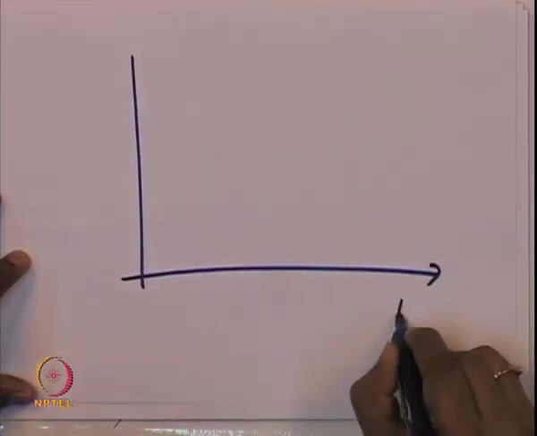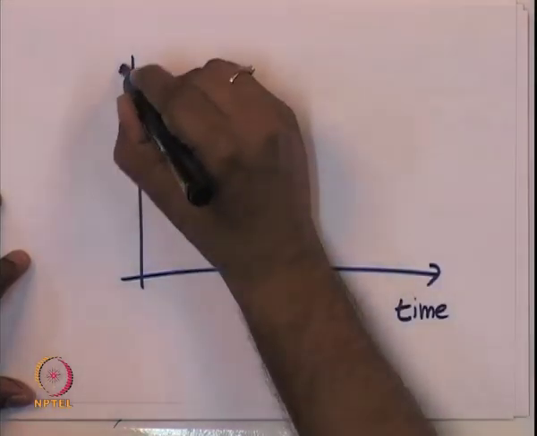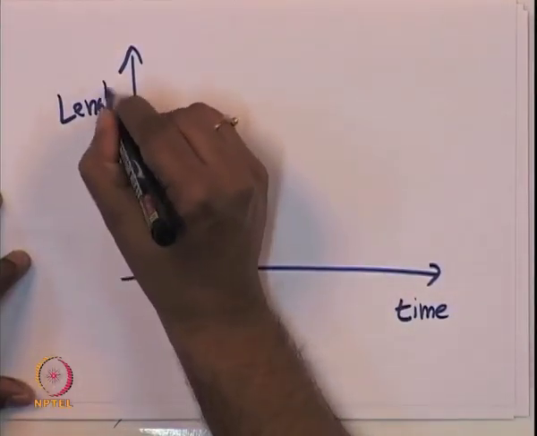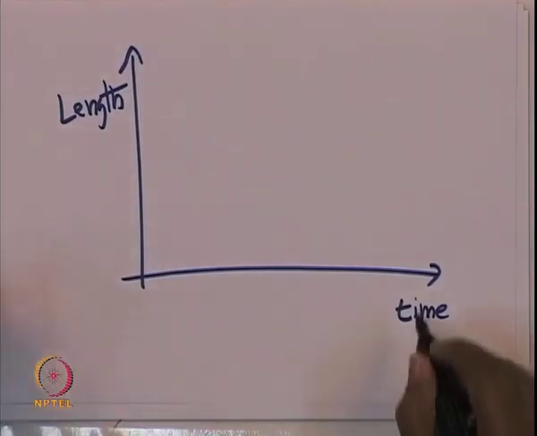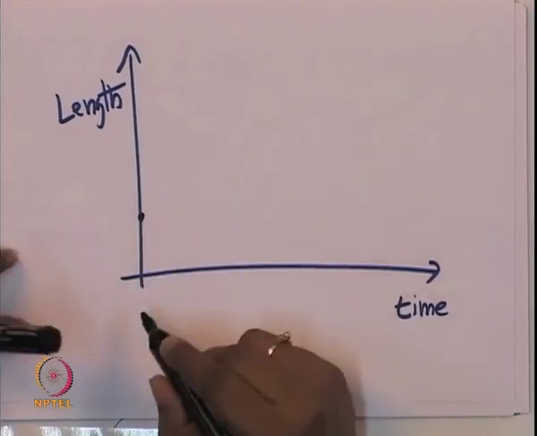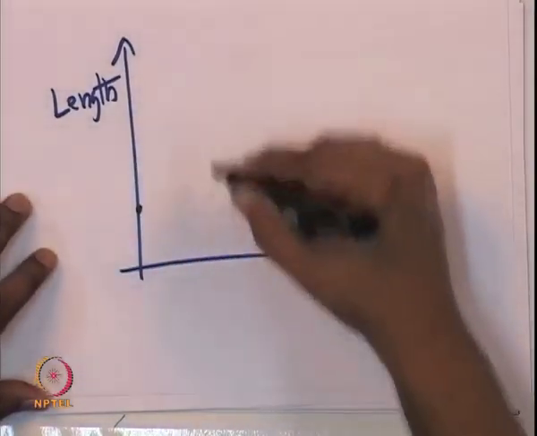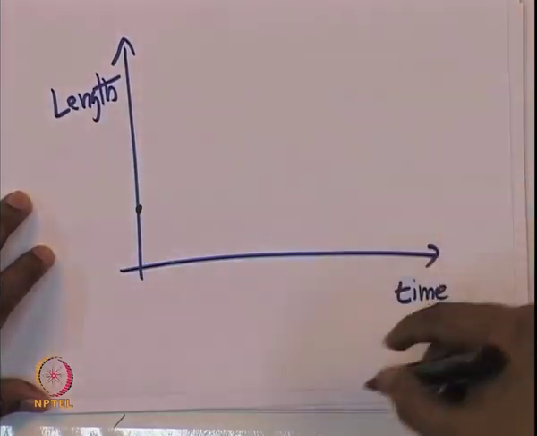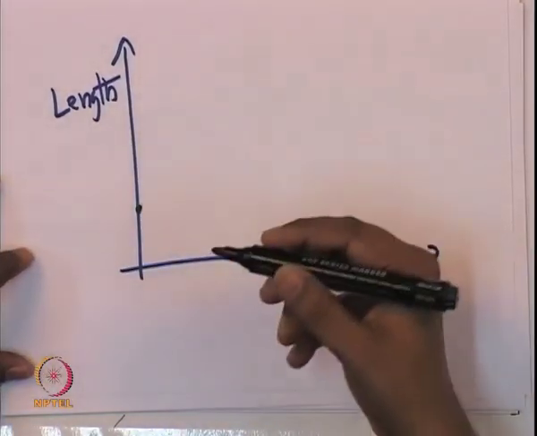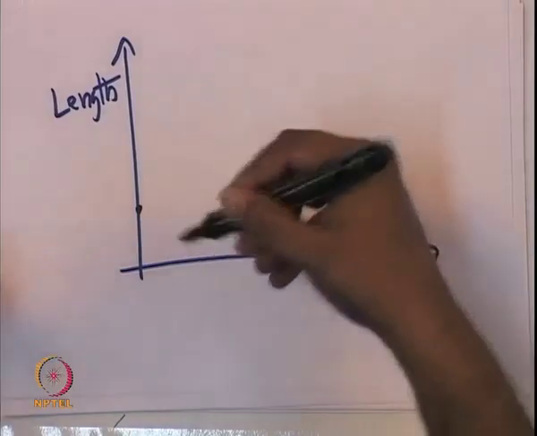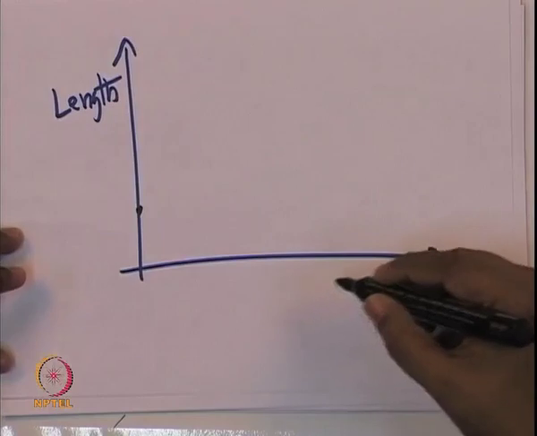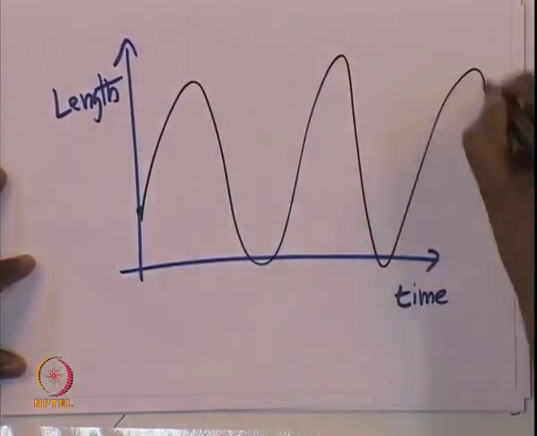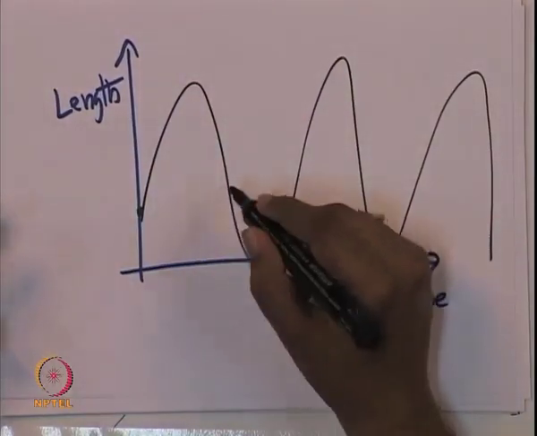So, we should plot time on the x axis and length on the y axis, and at t equal to 0 it will have some length, and we know that this is going to be growing and shrinking and growing and shrinking, but one could plot many ways of growing and shrinking, like something increasing, decreasing, increasing, decreasing. So, one could plot something like this, but is this correct?